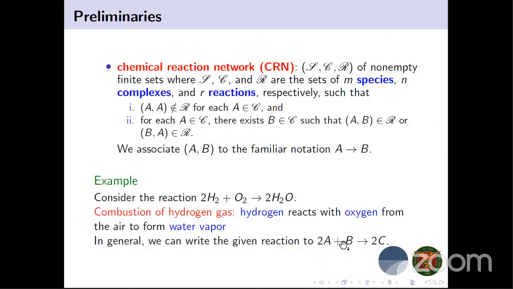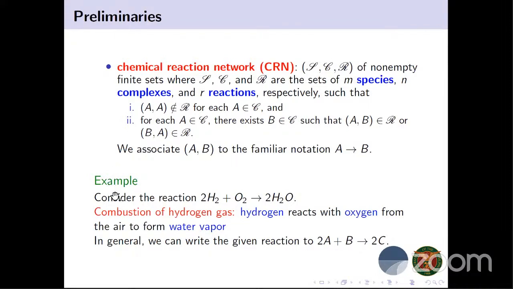So if we are talking about complexes, then we mean reactant or product. And for the second condition, for each A in the set of complexes, there exists another complex such that one of them is a reactant and the other is a product. We associate this ordered pair AB to this familiar notation A to B.